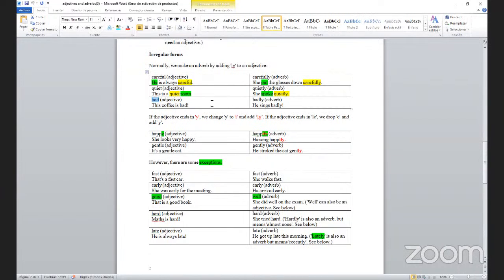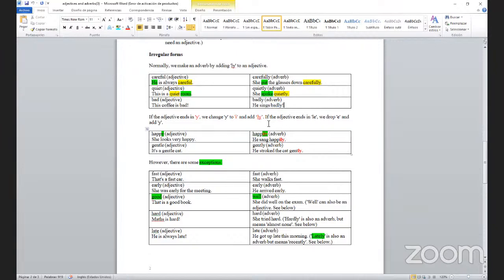In this case, we're going to use bad as intenso. This coffee is bad, but we're saying it is very intense, very strong. And if I use badly with ly, it is never going to mean malamente. No, it's going to mean intensamente, as an adverb. So if I say he sings badly, I will say él canta intensamente. Okay.